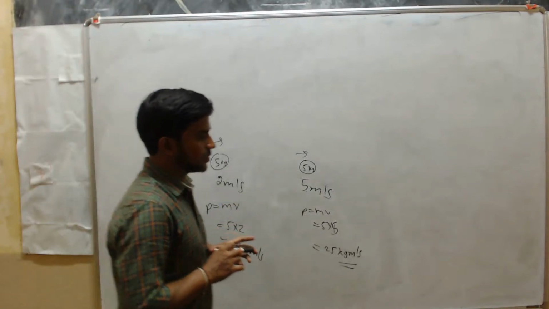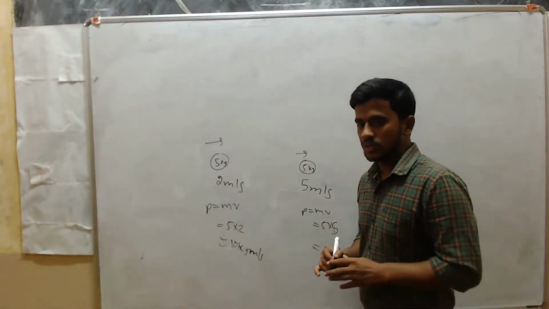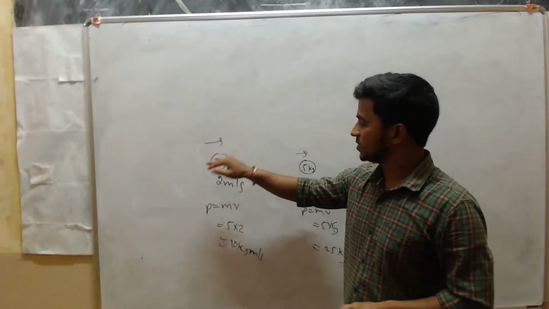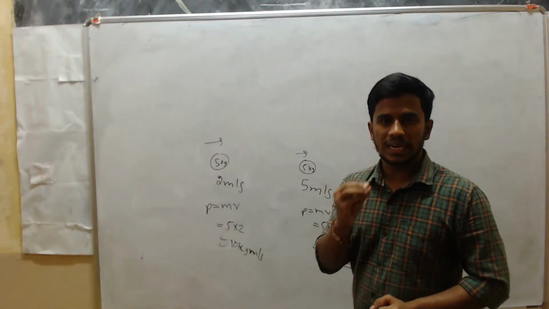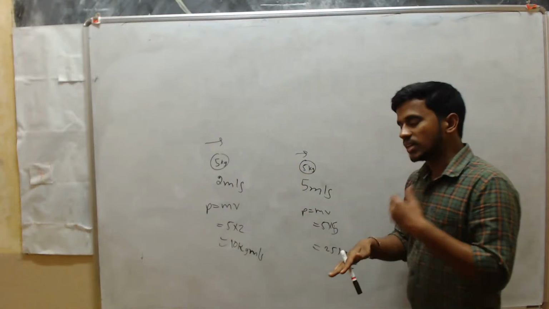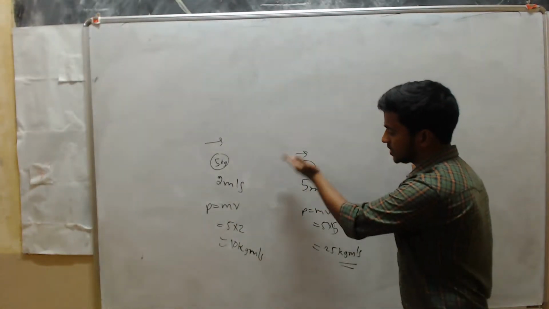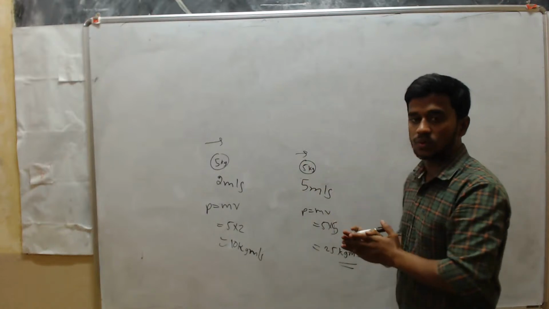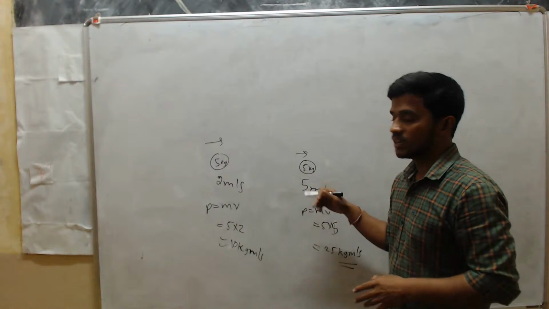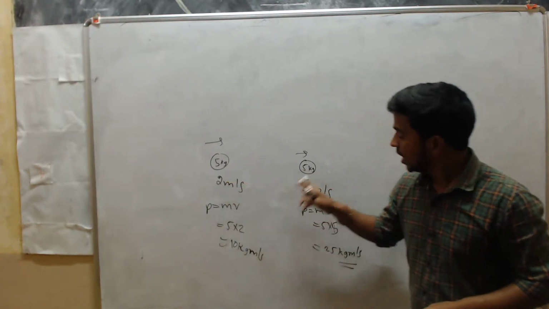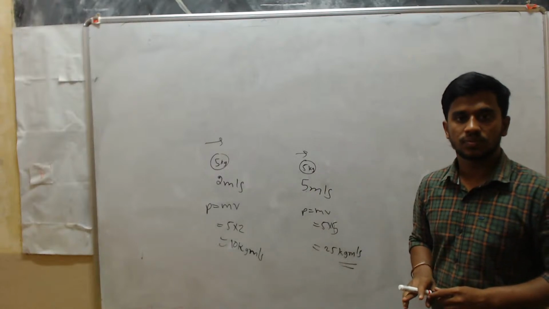Suppose before applying a force, you stand here, this object will collide with you, so you will get a little bit hurt. And in the case after the application of force, you stand here, and here also you will get a little bit hurt because it collides with you. In which position will you get more hurt, before or after the application of force?